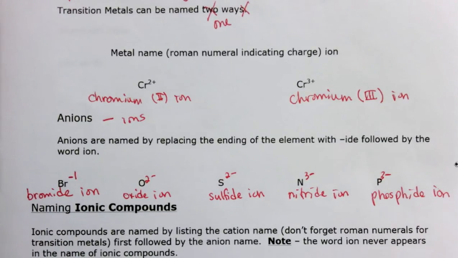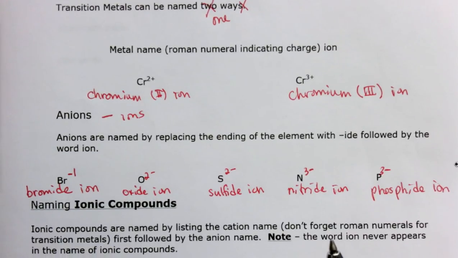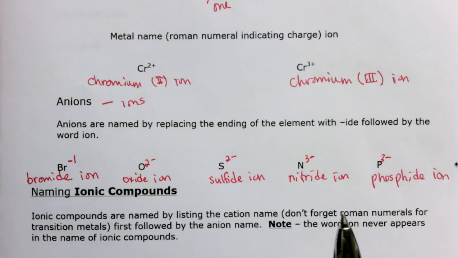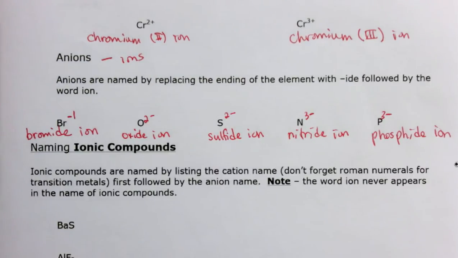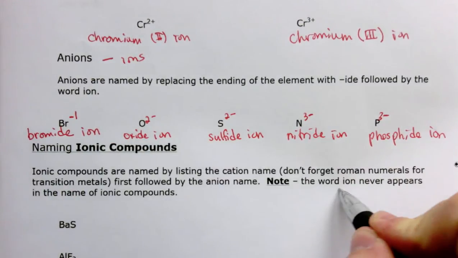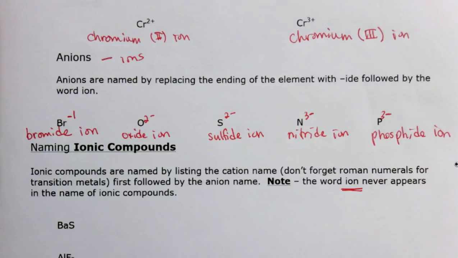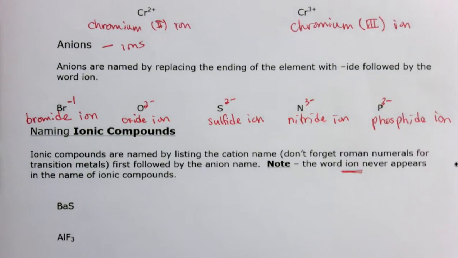Now remember, ionic compounds are for neutral species. So ionic compounds don't have a charge. They don't have ions. So the way you name ionic compounds, you list the cation name first. Don't forget Roman numerals if it's a transition metal, followed by the anion name. Big thing about this, the word ion never appears in the name of ionic compounds.